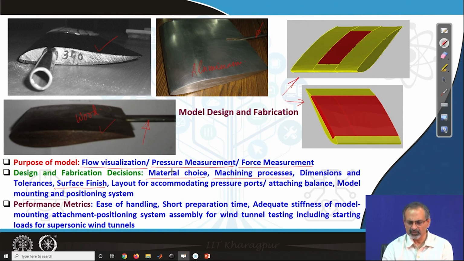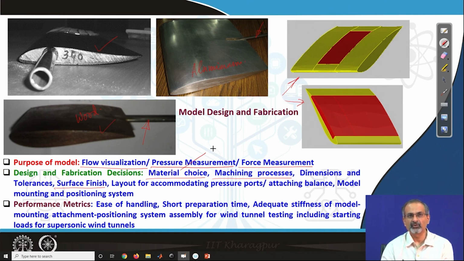For example, when it comes to material choice, when we do low speed wind tunnel testing, we sometimes use wood or fibers or aluminium, light metals. There are plenty of choices, but usually for supersonic wind tunnel testing, we will always go for metallic models.